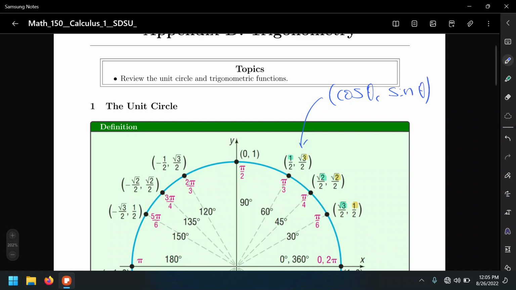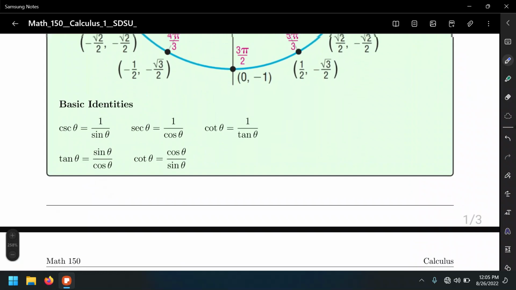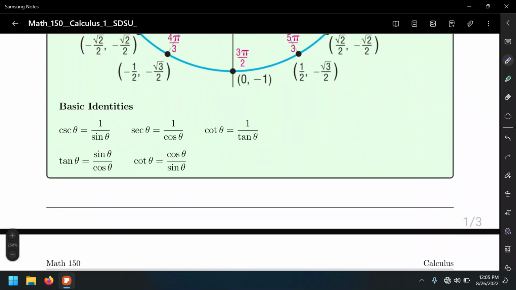Those values are only for cosine and sine, and of course you might need to find trigonometric functions for tangent, secant, cosecant, etc., and those are not on the unit circle. For this reason, it's important to take into consideration these basic identities.